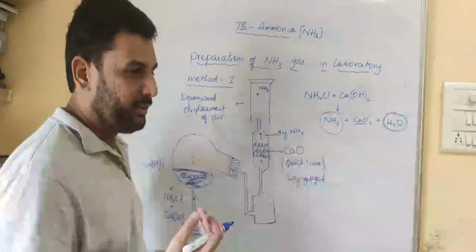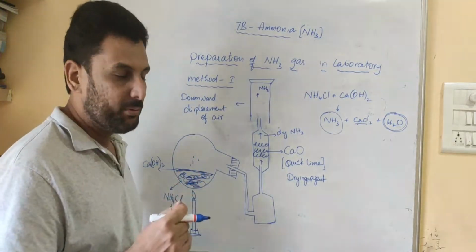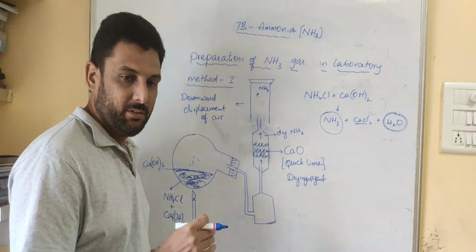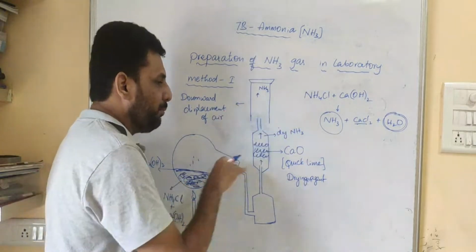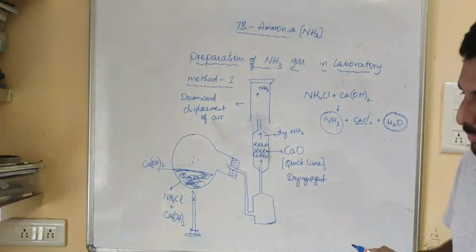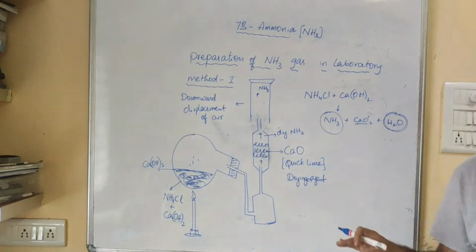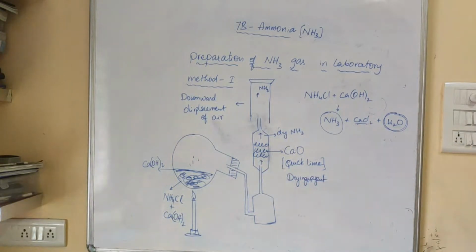But we have another method called downward displacement of water, meaning you send the gas through water. Ammonia gas cannot be collected by that method. We cannot use water here. Why can't we use water to collect ammonia gas?